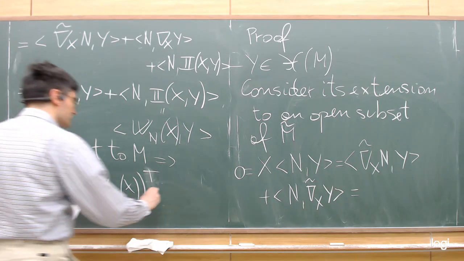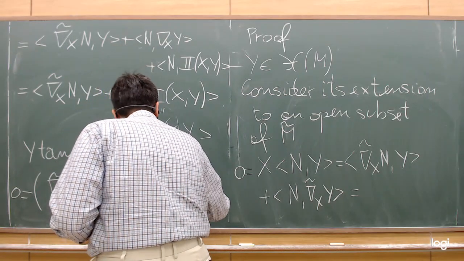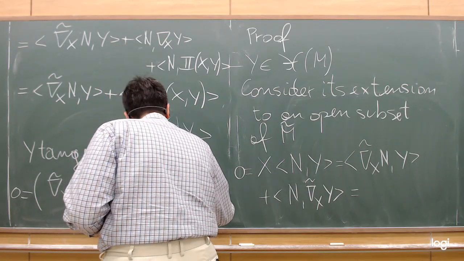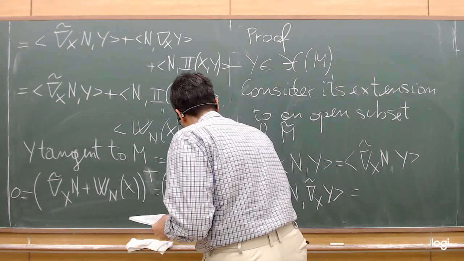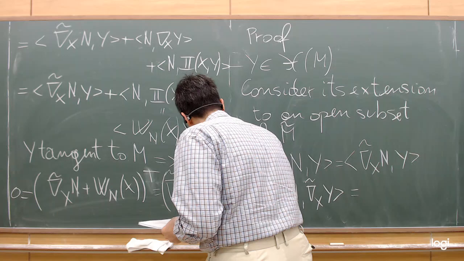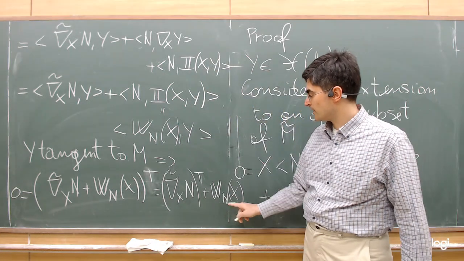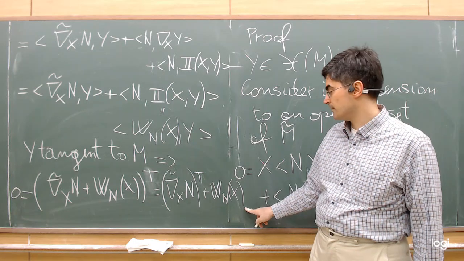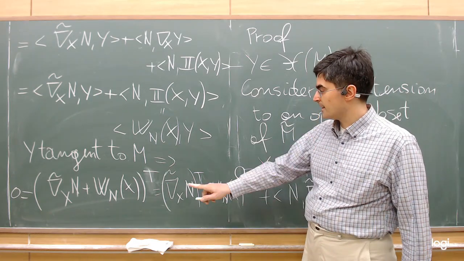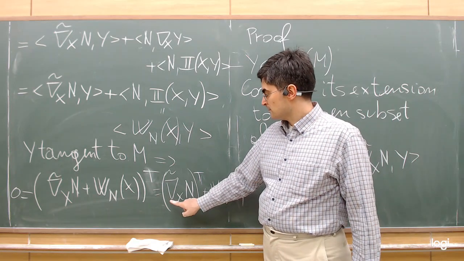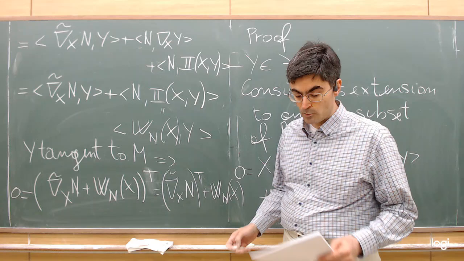But clearly this is equal to the tangential part of nabla tilde_X N plus W_N X, because W_N X is tangent to M, and this says that W_N X is the negative of the tangential part of nabla tilde_X N, and we have finished it.